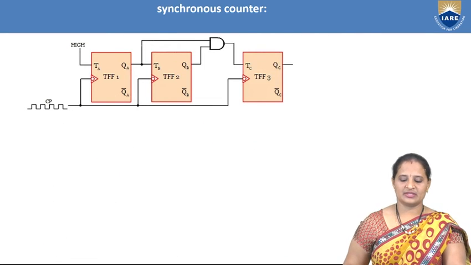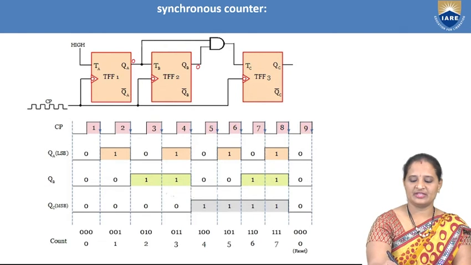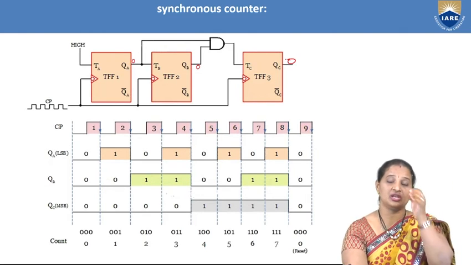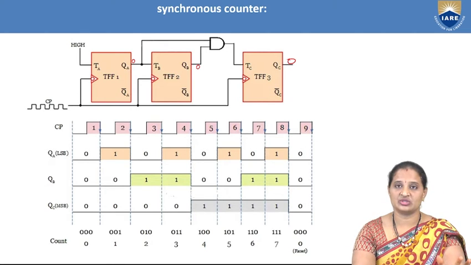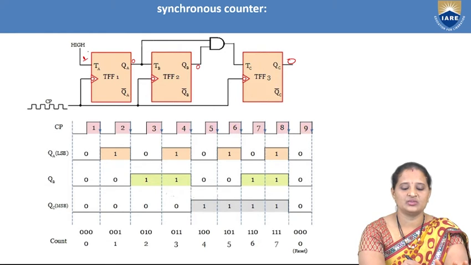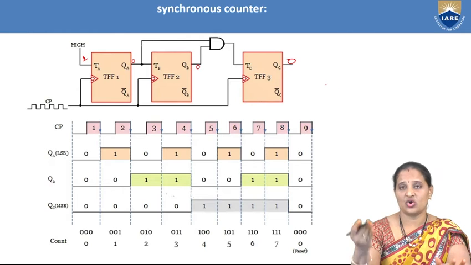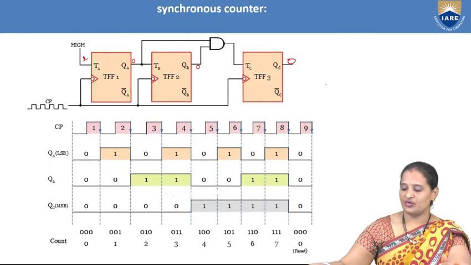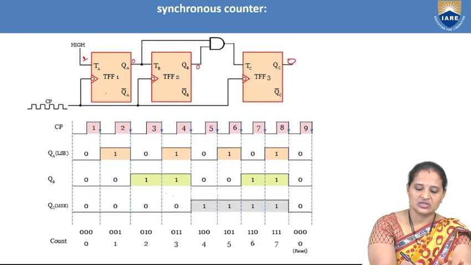Initially all the flip-flops are reset, so the outputs of all the flip-flops are 000. Now let us consider the input to the first one is 1. All the flip-flops are applied with the same clock pulse, and all will change their states with respect to the negative edge of the clock.